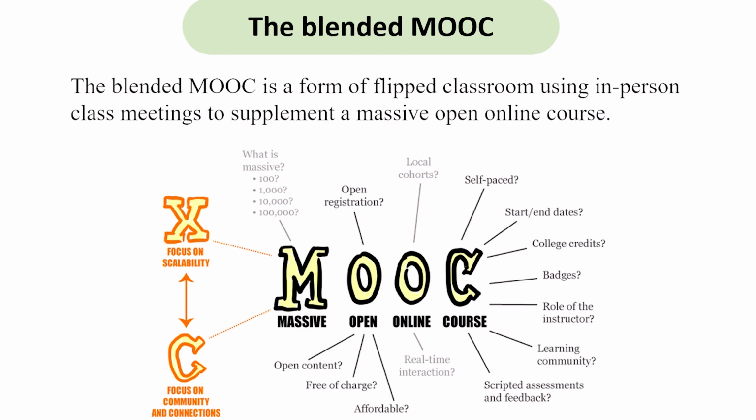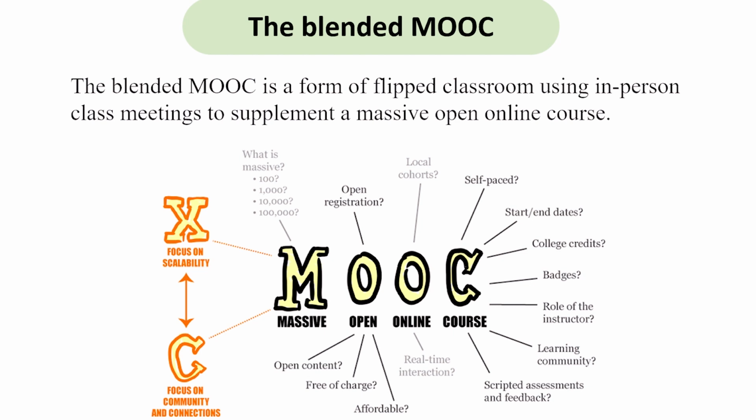Then comes the interesting structure, the blended MOOC. The blended MOOC is a form of flipped classroom. Remember the flipped classroom structure we have discussed few minutes back? And it uses in-person class meetings to supplement a massive open online course. So in order to supplement MOOC, some classroom activities, face-to-face direct instructions can be also made alongside a MOOC.